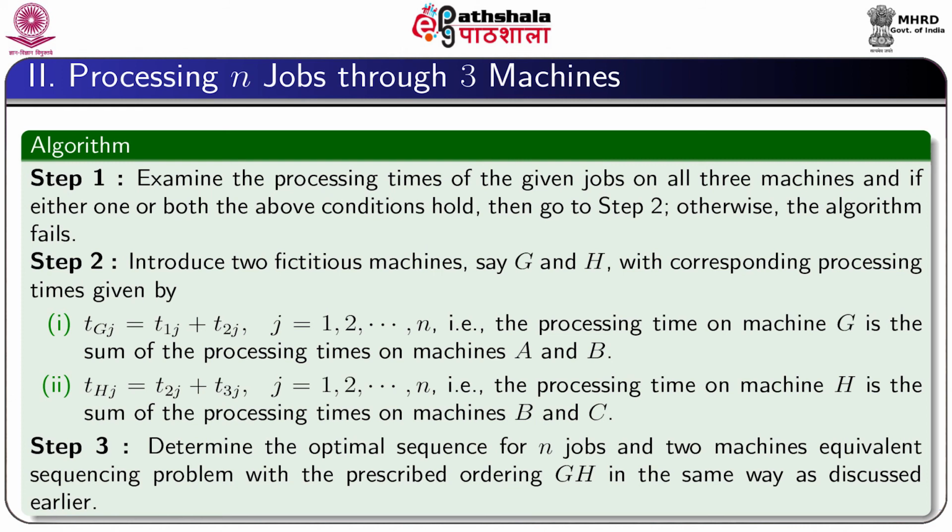That is, the processing time on machine H is the sum of the processing times on machines B and C. Step 3, determine the optimal sequence for n jobs and 2 machines equivalent sequencing problem with the prescribed ordering GH in the same way as discussed earlier.